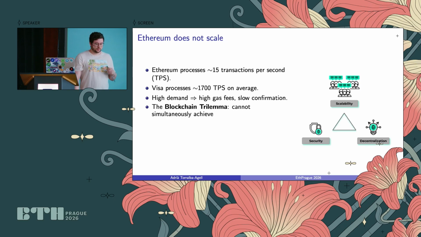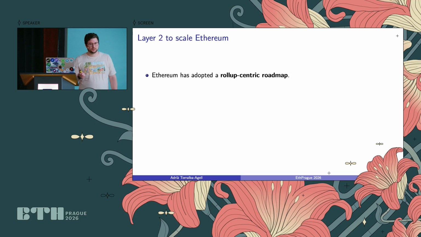However, the reason why we have this setup is what's known as the blockchain trilemma, which says that you cannot achieve scalability simultaneously while maintaining security and decentralization. But to solve that, we have shifted the Ethereum roadmap to adopt a rollup-centric roadmap.